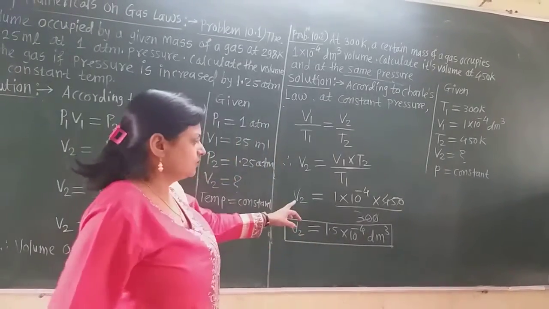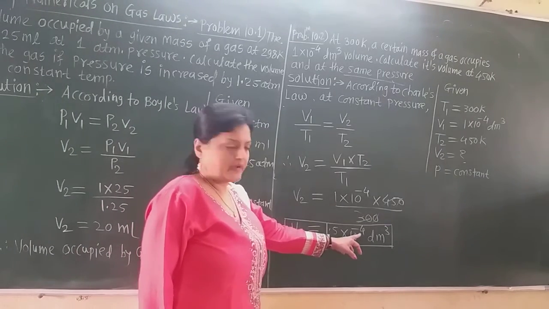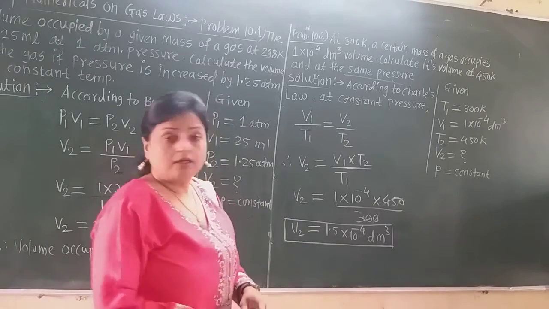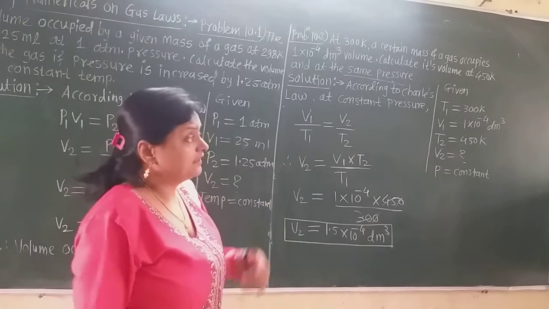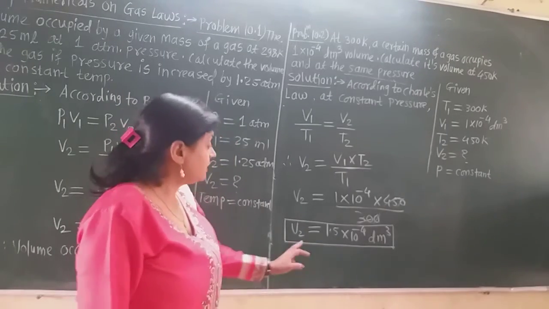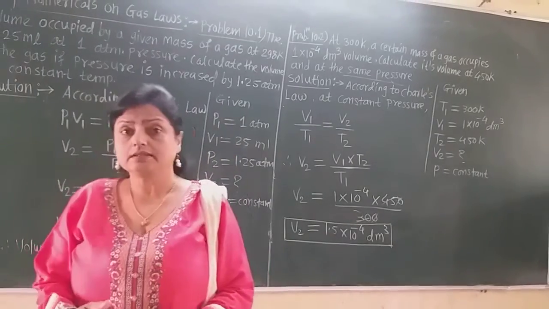The final volume is 1.5 into 10 raised to minus 4 decimeter cube. This is larger than the initial volume by 0.5. So here Charles's law also gets proved. Now let us see another numerical.